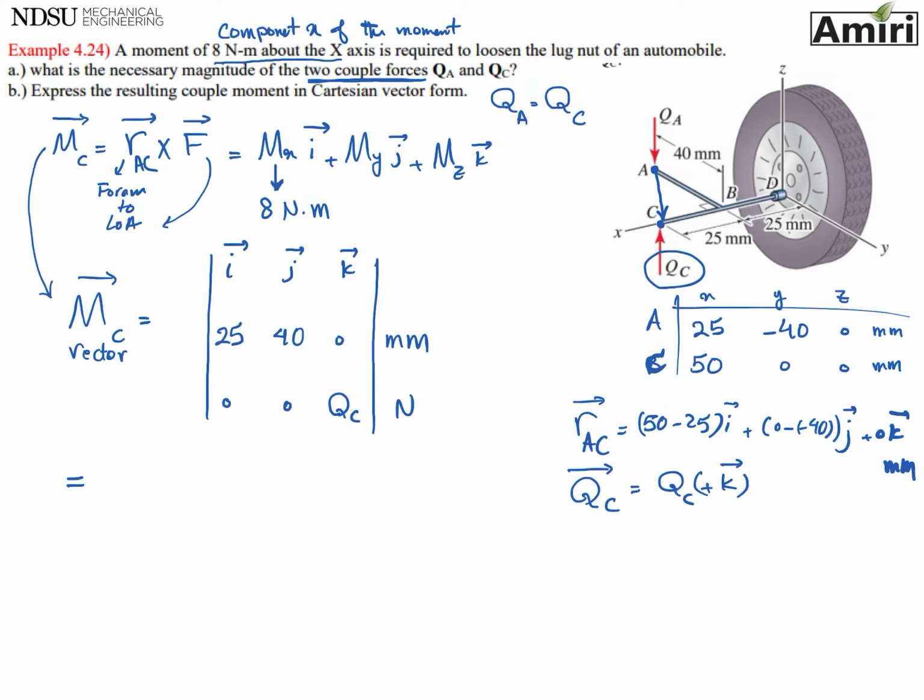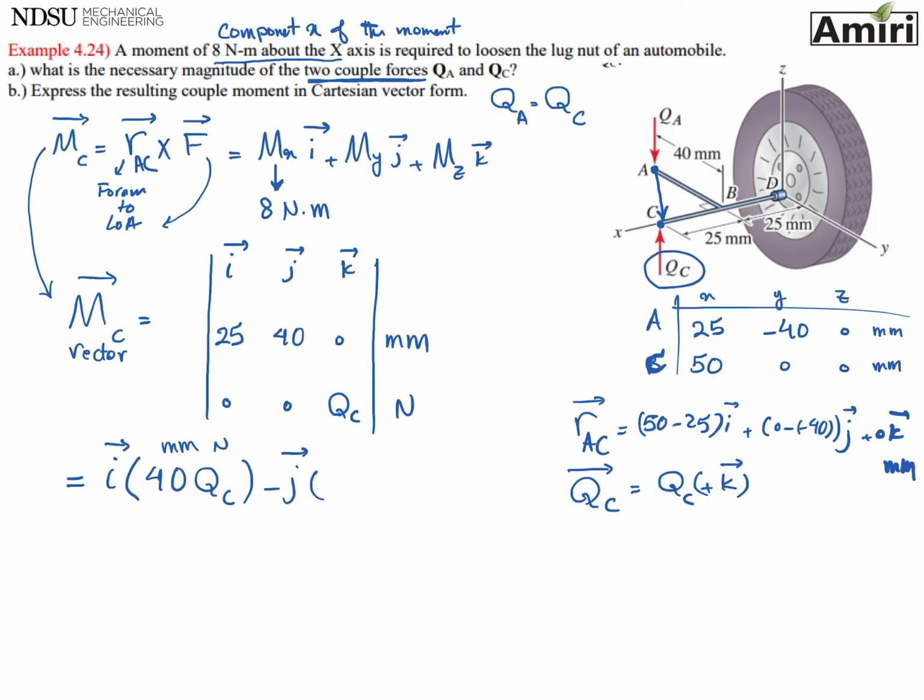Okay, so I get i times 40 QC, and this is mm N, Newton meters, we'll look at the unit. Then I get minus j.